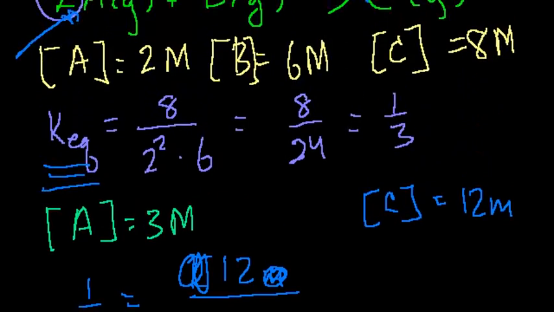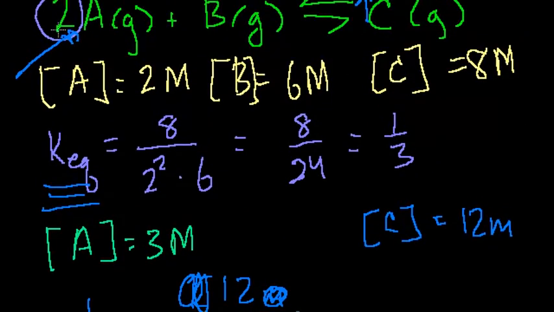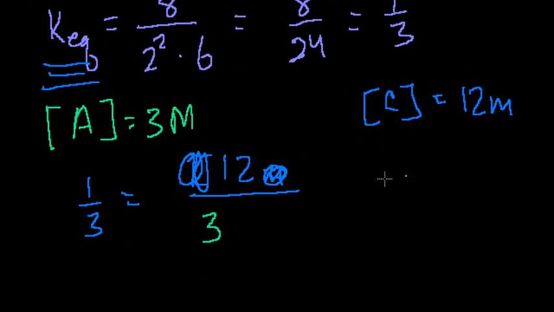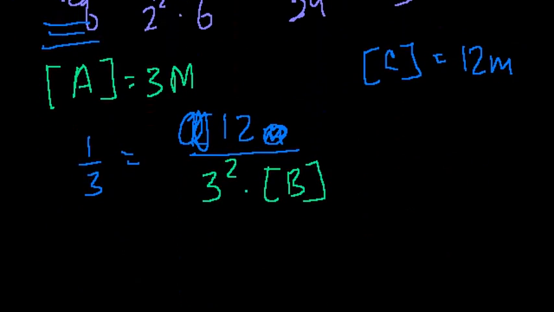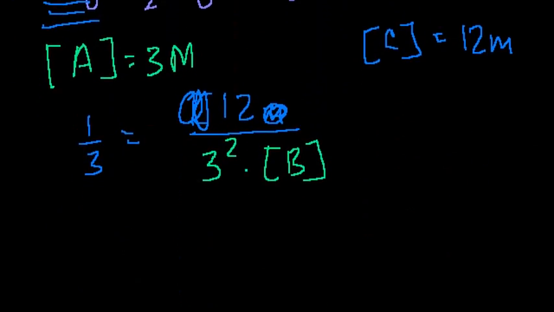But remember the reaction. The coefficient on A is 2. So it's 3 squared. Times the new concentration for B, right? There's no coefficient here, so I don't have to worry about any exponents. And let's just solve this. So you get 1/3 is equal to 12 over 9B.